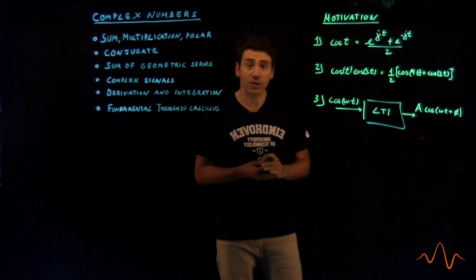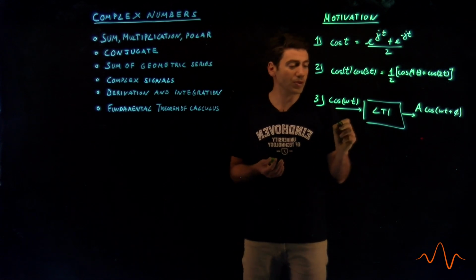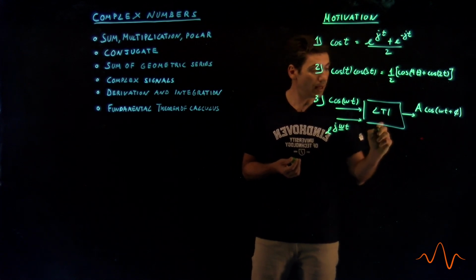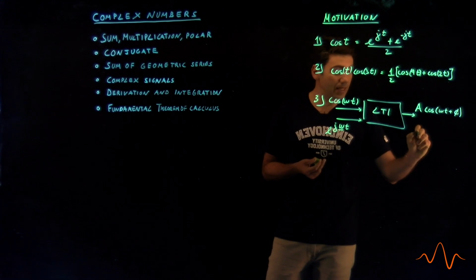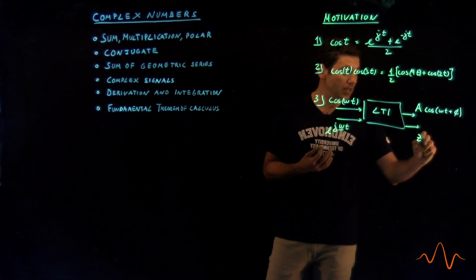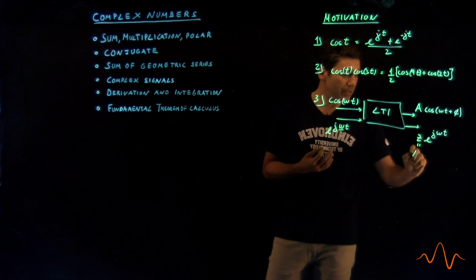This is quite straightforward already, but it's even more straightforward if we have as input to an LTI system a complex exponential, a given frequency omega. We will understand that the output will be a given complex number, let's call it z, e to the power of j omega t, where z has a given amplitude a and a given phase phi.